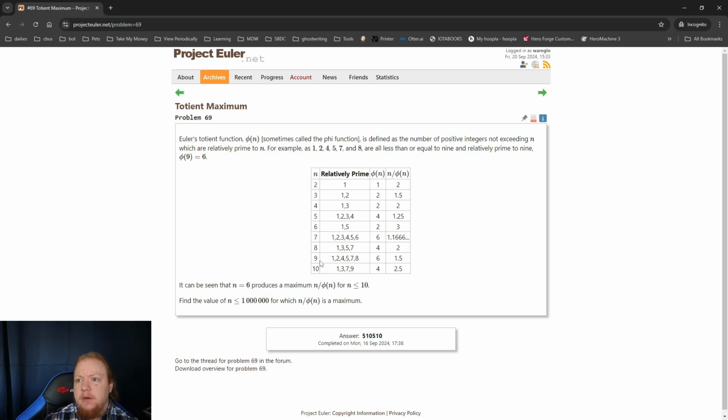But if it is not unique, so for instance, 9 is 3 times 3, phi happens to be 9 minus 3. 8 is 2 times 2 times 2, so 8 minus 2 minus 2.